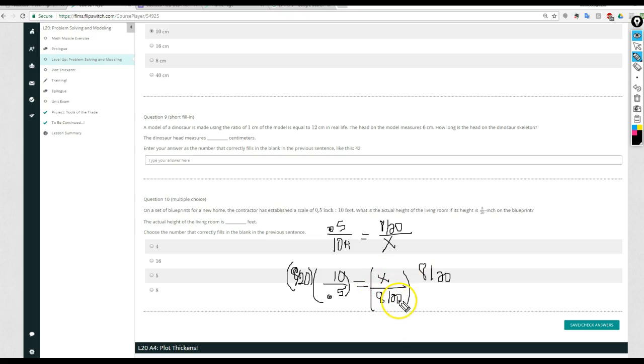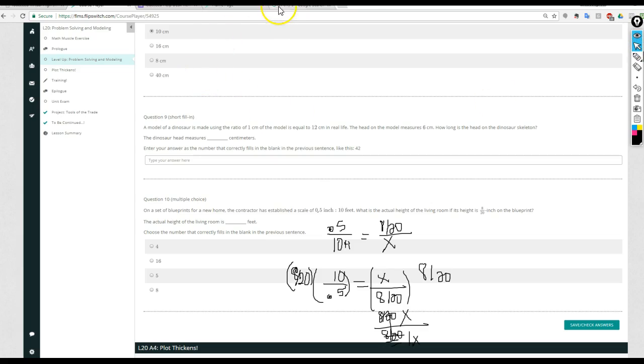So x divided by 8/20 times 8/20 is going to give us 8/20 x divided by 8/20. Now 8/20 divided by 8/20 is a form of 1. So then I'm just left with 1x. 1x is going to equal 8/20 times 10 divided by 0.5.